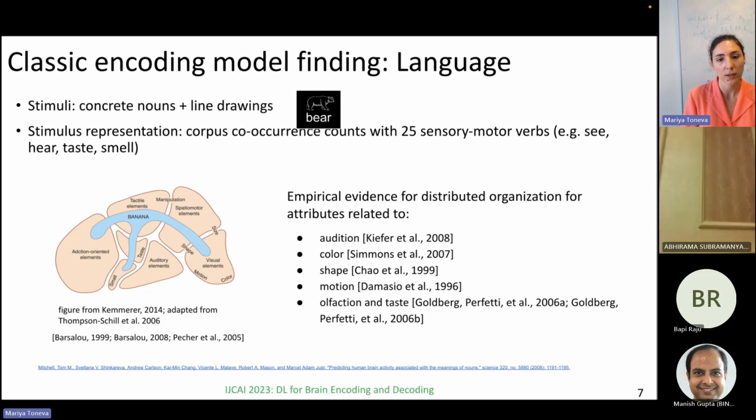In other words, the different semantic attributes that we use to represent meaning are represented in the parts of the brain that also help us process the sensory motor experience related to this attribute. So for example, for the concept banana, the visual aspect of banana would be processed in the visual area of the brain.